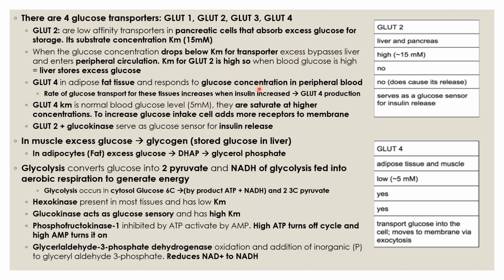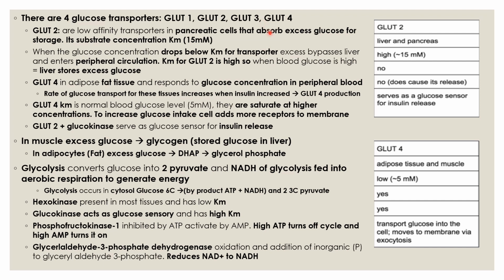So GLUT2 versus GLUT4. GLUT2 is a low affinity transporter in pancreatic cells, and it has a high substrate concentration. It's usually 15 mM, which is higher than the normal blood concentration, and it absorbs excess glucose for storage.